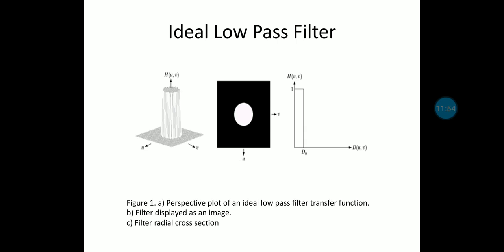In the third figure, we see the filter radial cross section, where H of u comma v is represented on the y-axis and D of u comma v on the x-axis, with D naught as a positive constant value. Up to D naught from the origin the value is high, that is 1, and the remaining values are 0 on the radial cross section.